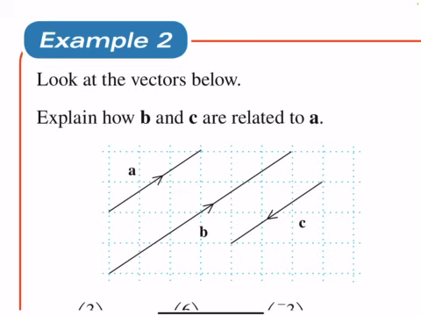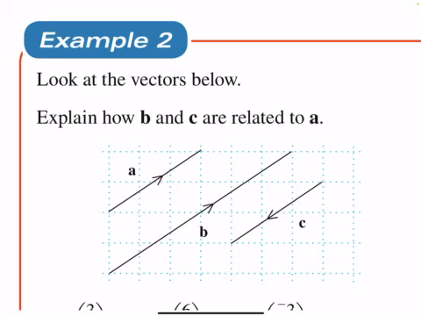So, the relationship between A and C. I have A and I have C. There is something very similar about them. Not the same speed, but that's more physics than mathematics.